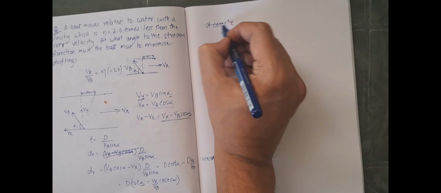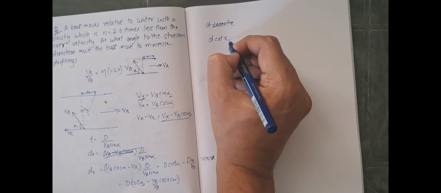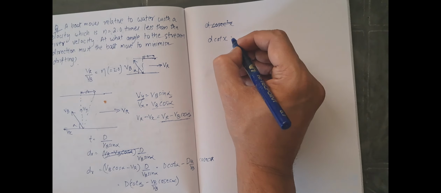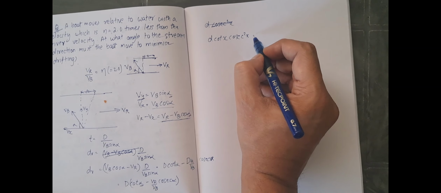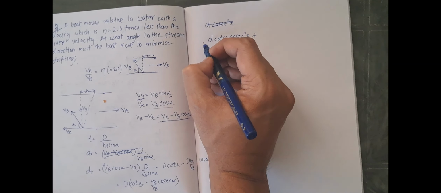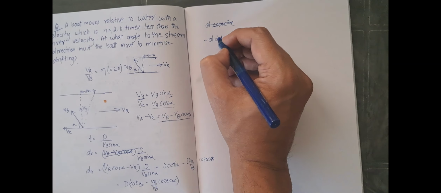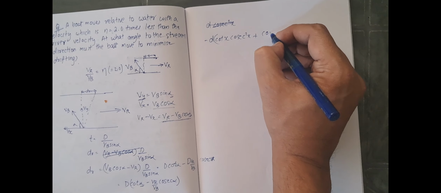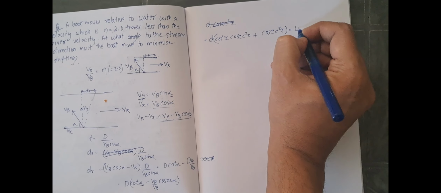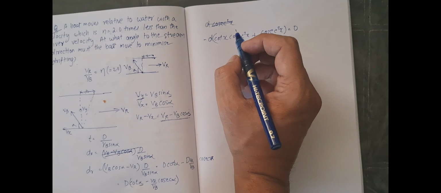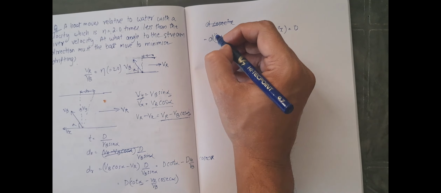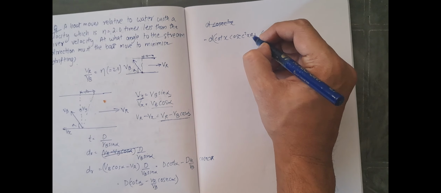Sorry, d cot alpha, it will be d cot alpha plus cosec square alpha equal to 0. This n also will be here.